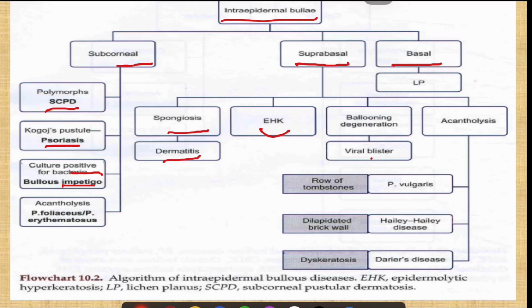And if acantholysis is present, one is pemphigus vulgaris, where you find a row of tombstones, Hailey-Hailey disease, where there is a dilapidated brick wall, and Darier's disease, where you find dyskeratosis. So you have to remember these three forms: row of tombstone, pemphigus vulgaris; dilapidated brick wall, Hailey-Hailey; and dyskeratosis, Darier's.